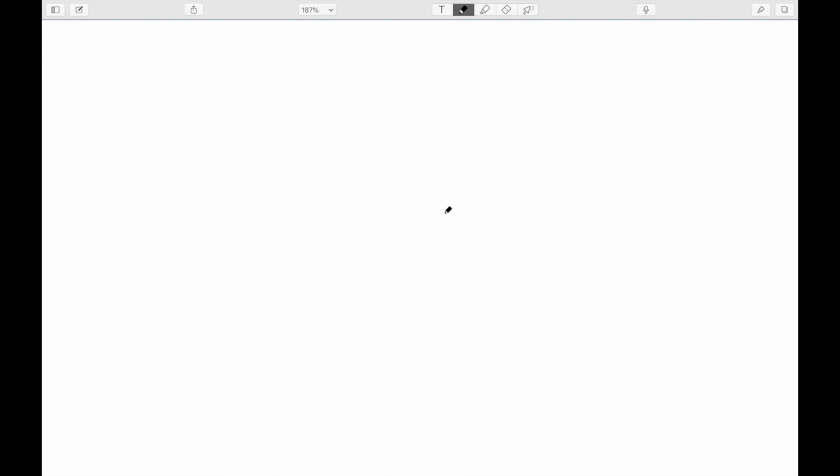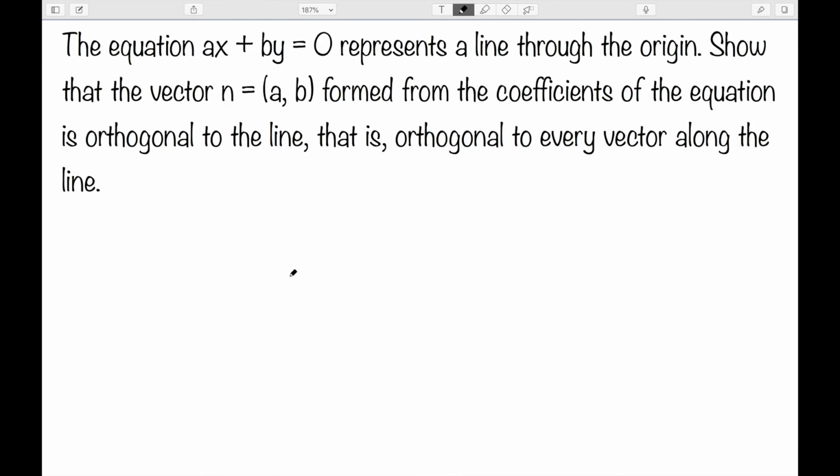So let's look at an example. The equation ax plus by equal to 0 does represent a line through the origin in space. I want to show that my vector n equal to a, b, formed from the coefficients of the equation, is orthogonal to the line. That is, it's orthogonal to every vector along the line. Well, I know that ax plus by is equal to 0.